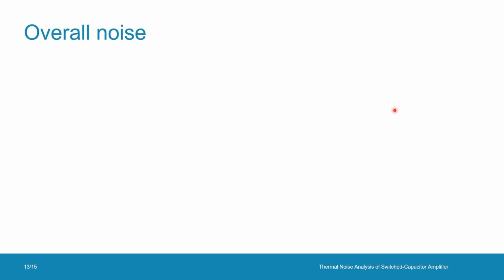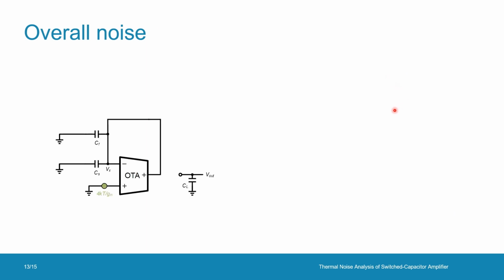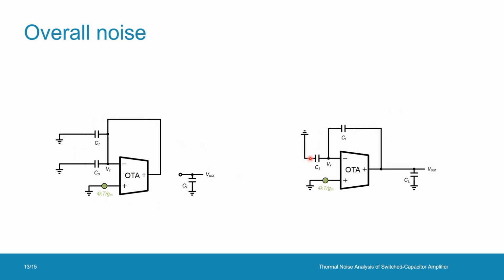Okay, so now we are to combine the two, the noise from the sampling phase and the noise from the redistribution phase. As mentioned before, in the sampling phase, the noise charge at node Vx is kT (Cs plus Cf), which is then redistributed to the feedback capacitor Cf in the following amplification phase.